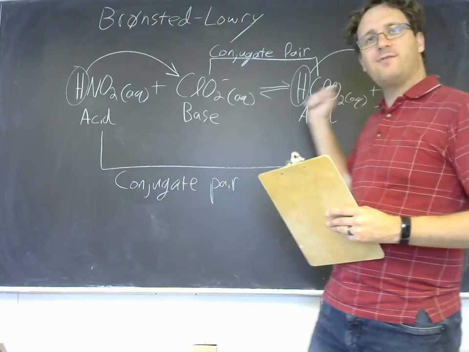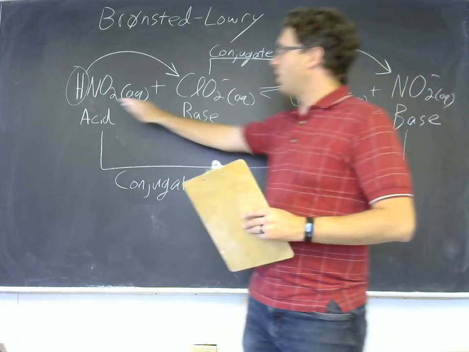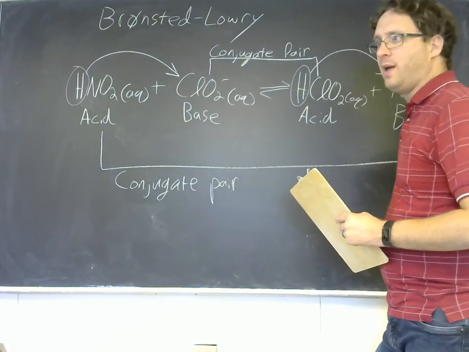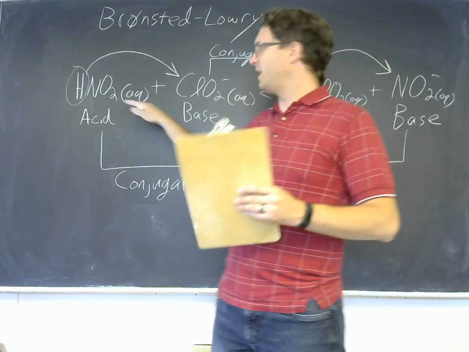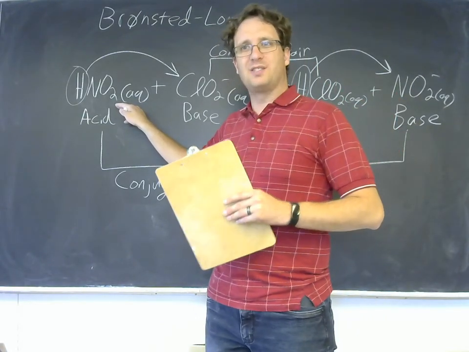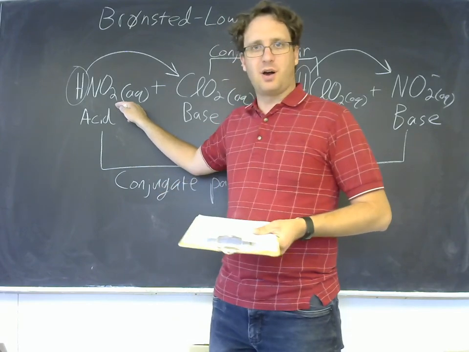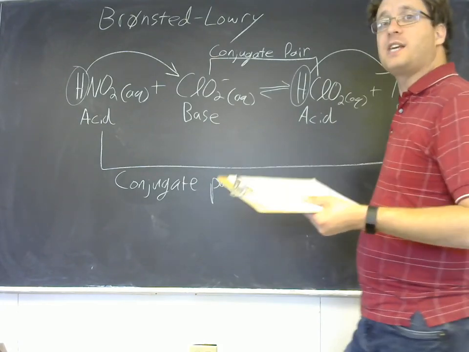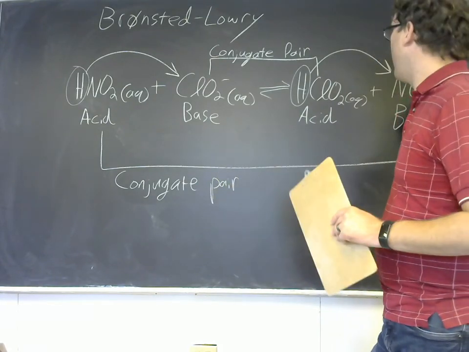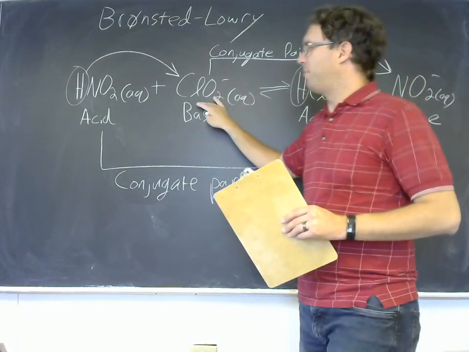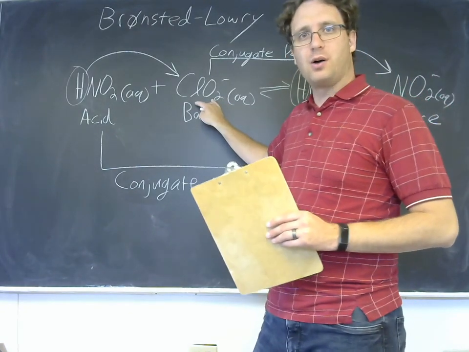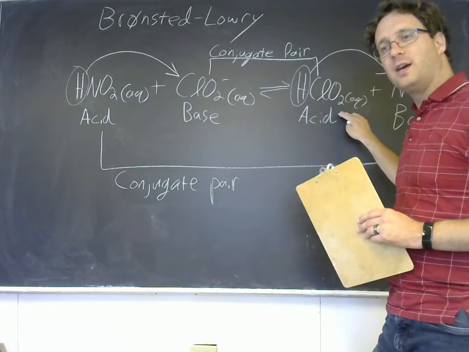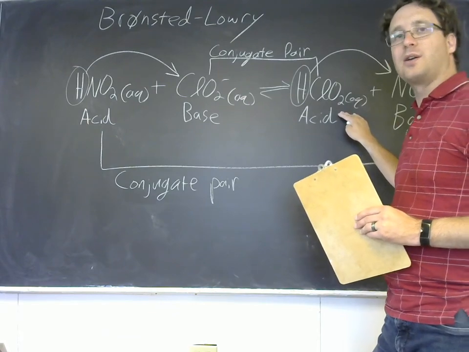And so conjugate pairs have this inverse relationship where the stronger the acid is, the weaker the conjugate base will be. So if I have a weak acid that's particularly strong, maybe it's one of those that is almost a strong acid but not quite, then I can tell you that its conjugate base will be a particularly weak base. And if I have a base that is particularly strong, then I can tell you that its conjugate acid is going to be particularly weak.